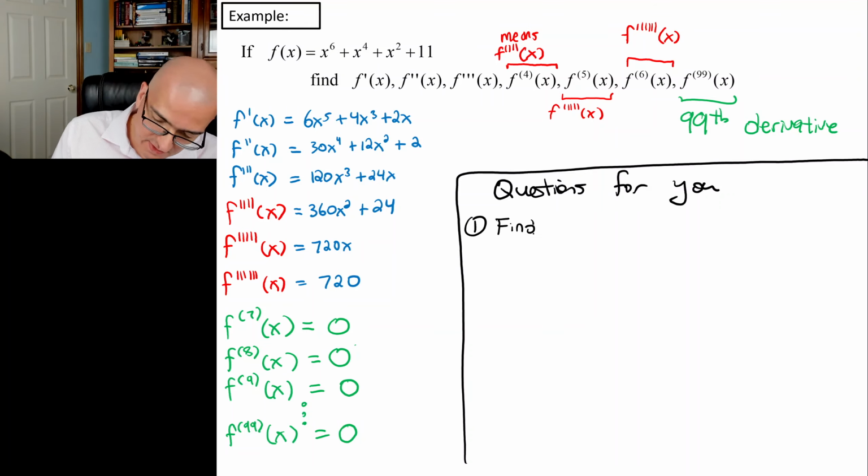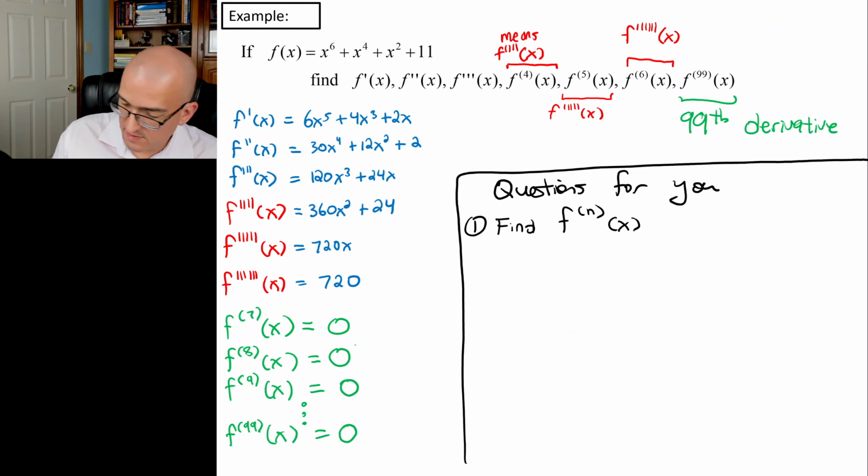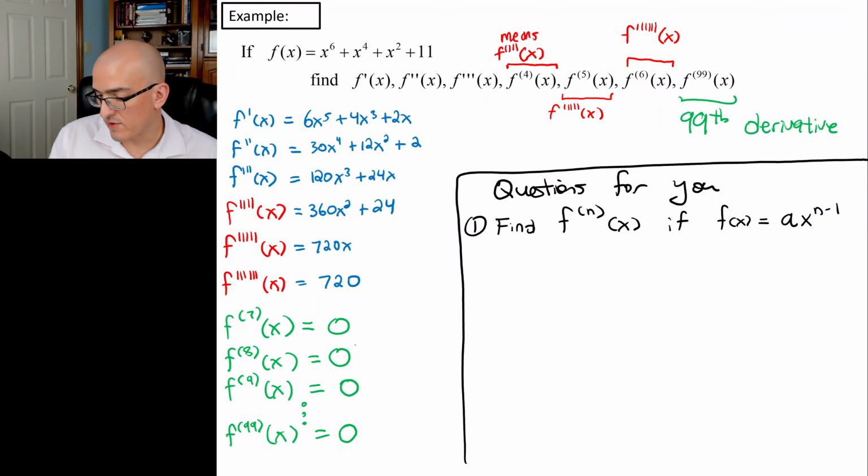Find the nth derivative of a function if f of x is a times x to the power of n minus 1. So if, let's say, n was 3, then f of x would be a times x to the power of 2. Find the third derivative. What is that going to be?